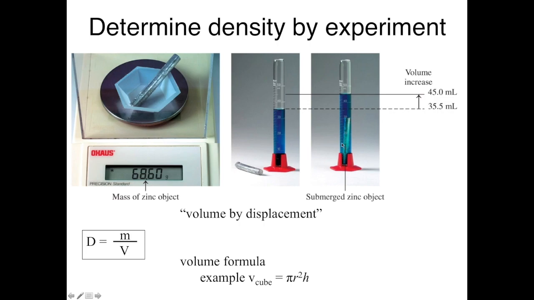The metal has a volume, and once it is in the cylinder, it displaces the water. So the water that it displaces is the same volume as itself, and that's a trick in finding the volume of an object. So in summary, the volume of the substance is equal to the final volume of the water minus the initial volume of the water in the graduated cylinder.